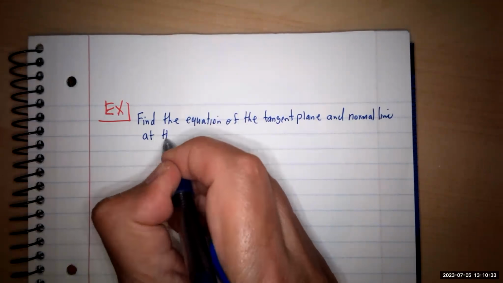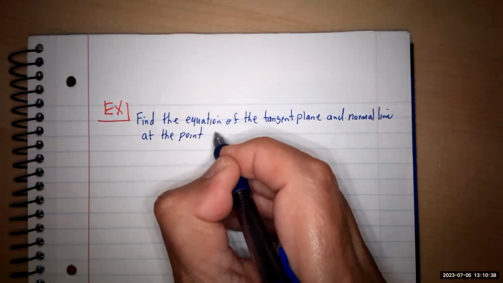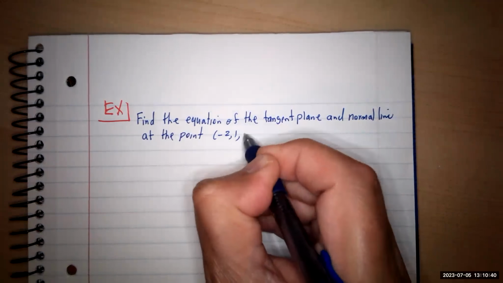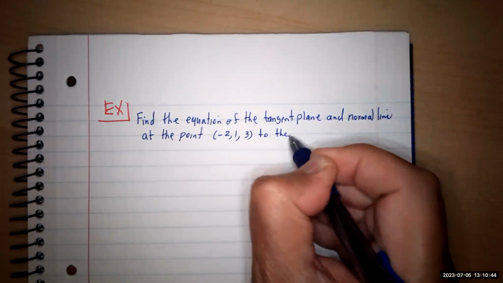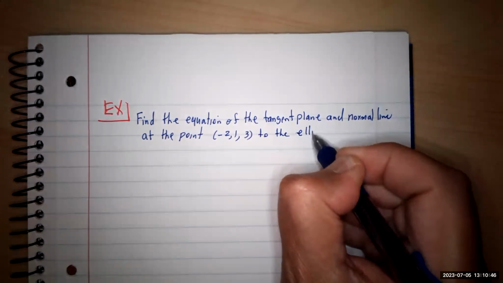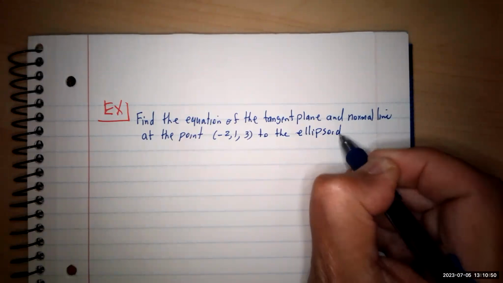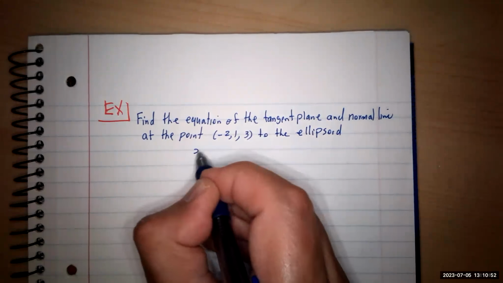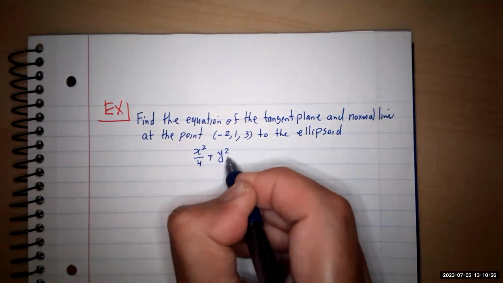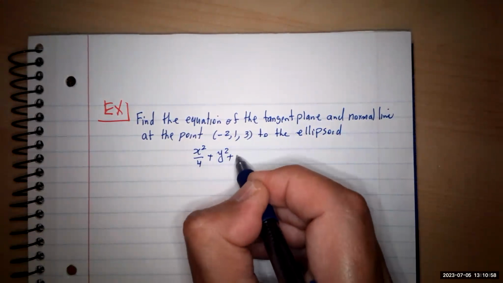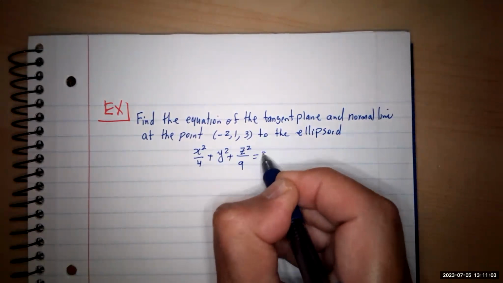The point is (-2, 1, 3) on the ellipsoid. That's it, the ellipsoid. This is your ellipsoid: x squared over 4, plus y squared, plus z squared over 9, equal to 3. That's it.